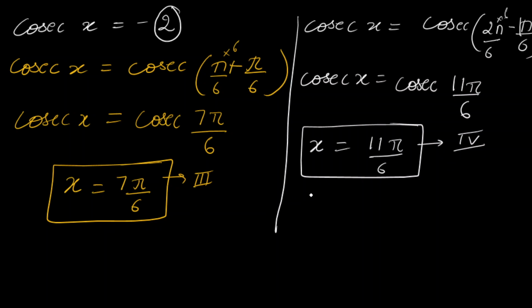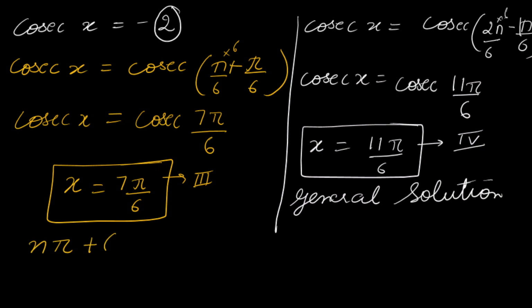Now we have to find the general solution. The general solution formula is the same as for sine. The formula is n pi plus minus 1 to the power n into x, where x means the first angle. Here the first angle is of the third quadrant, right? n belongs to integers.